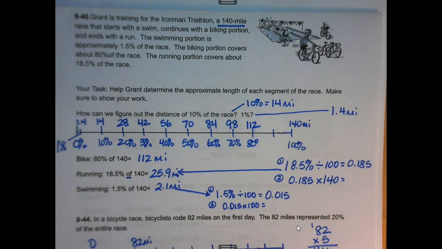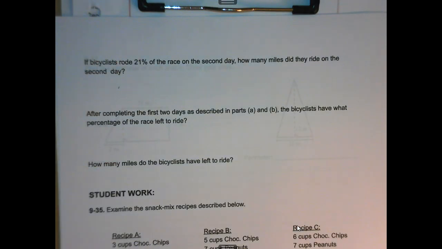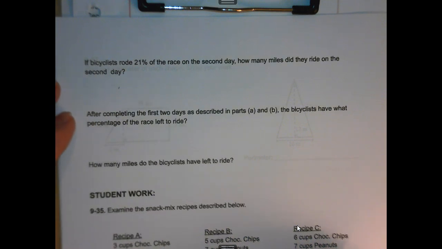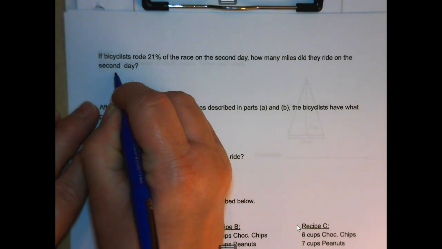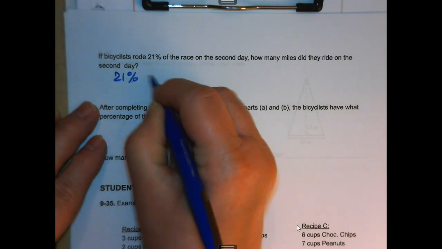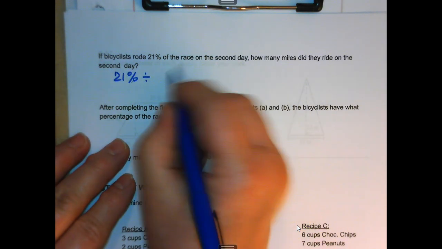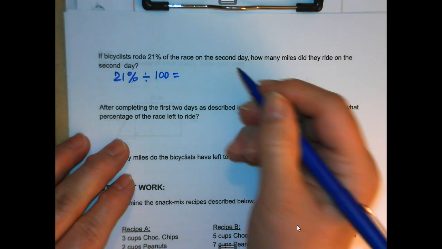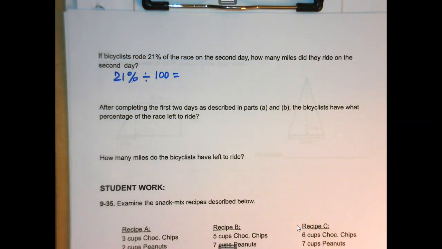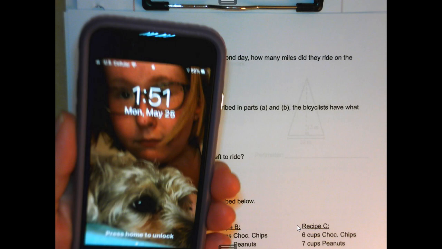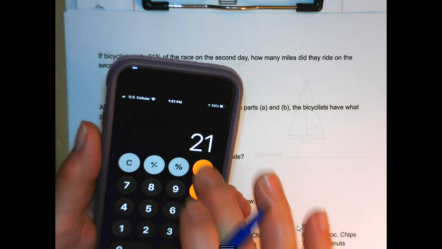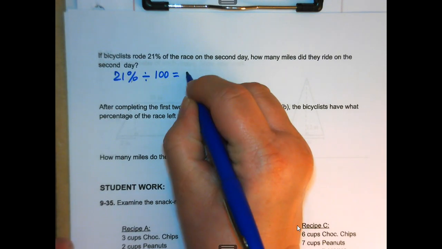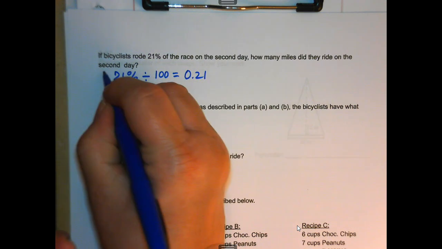And then, going back up here to the top, if the bicycles rode 21% of the race on the second day, how many miles did they ride on the second day? Well, we can do that first thing, 21% divided by 100, and that's going to give us our first step.